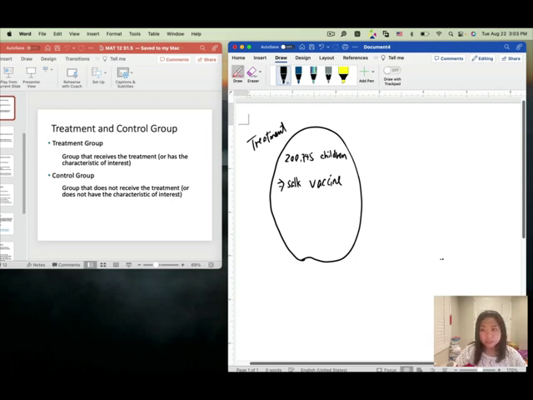And then there's another group. We call this the control group. For this group, we have 201,229 children.